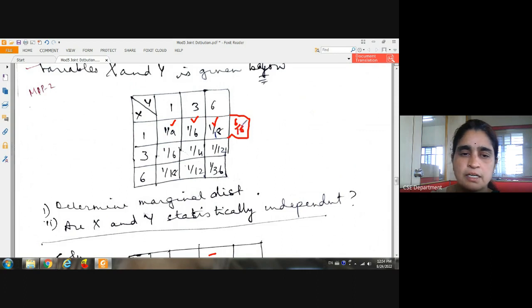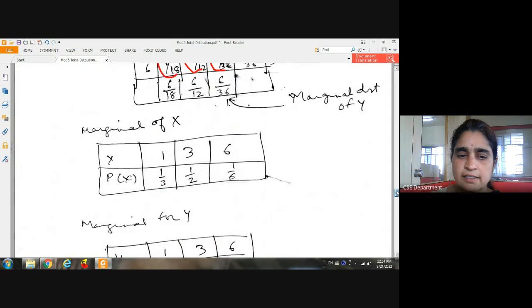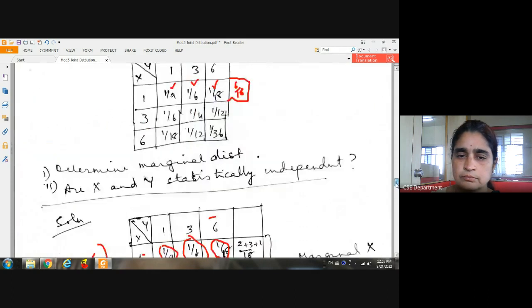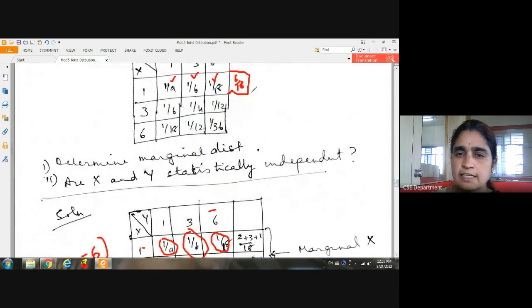Like that, probability x equal to 3, you add up these and write it. So if you do that, you will get the marginal distribution of x. Pause the video, do it yourself. This is the marginal distribution of x. We had already done that, 6 by 18, which is 1 by 3.